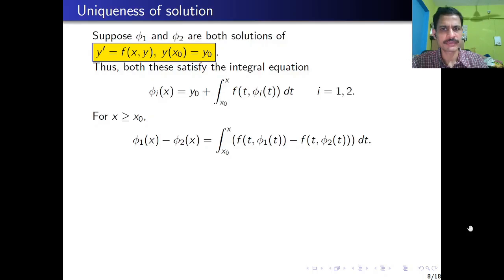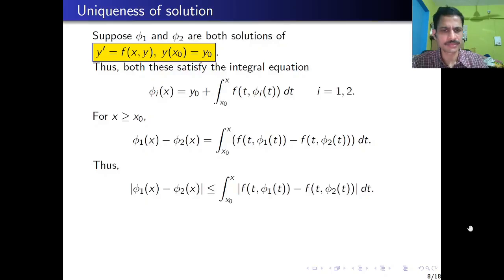So if we take the difference of the two, phi1 and phi2, from the integral equation, we get phi1x minus phi2x is equal to integral x naught to x of f of t comma phi1 t minus f of t comma phi2 t dt for all x greater than or equal to x naught. We simply take the modulus.